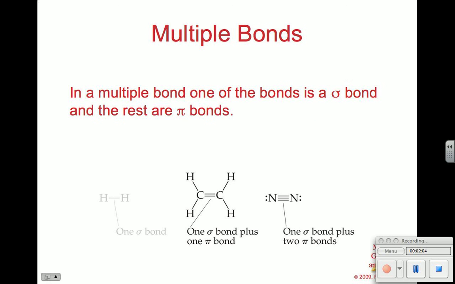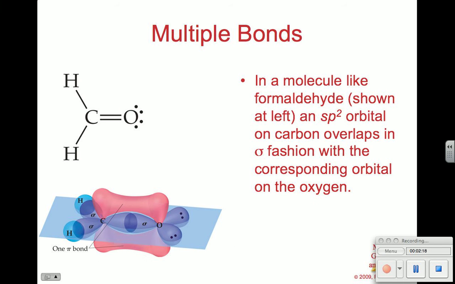Now, when you have multiple bonds, so double or triple bonds, you're going to have a sigma bond, but you will also have one or two pi bonds in addition. So we'll look at an example here. This is an aldehyde. You've got a carbon with sp2 orbital hybridization, so it's going to have those three lobes coming off.